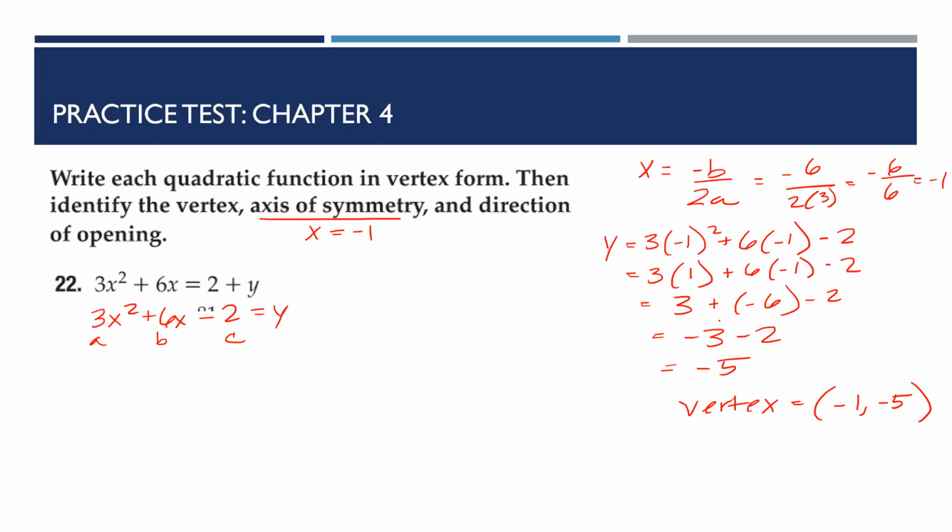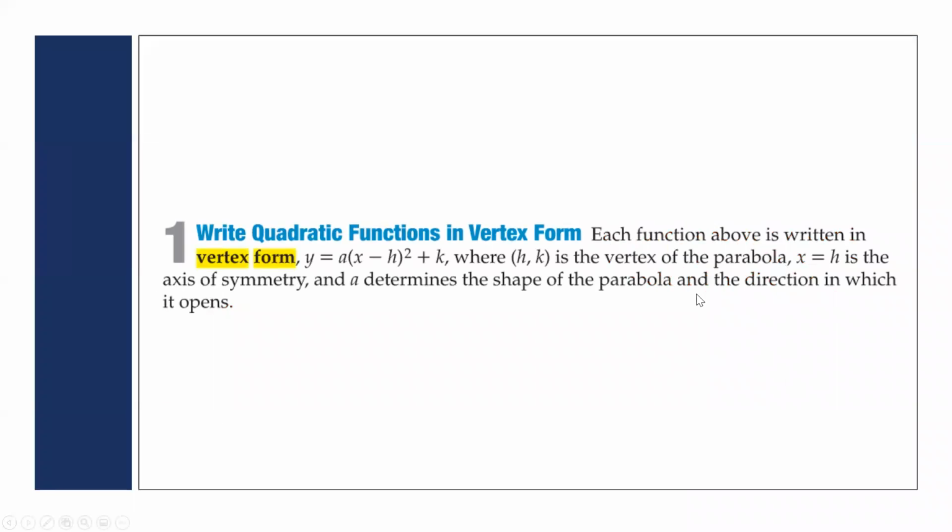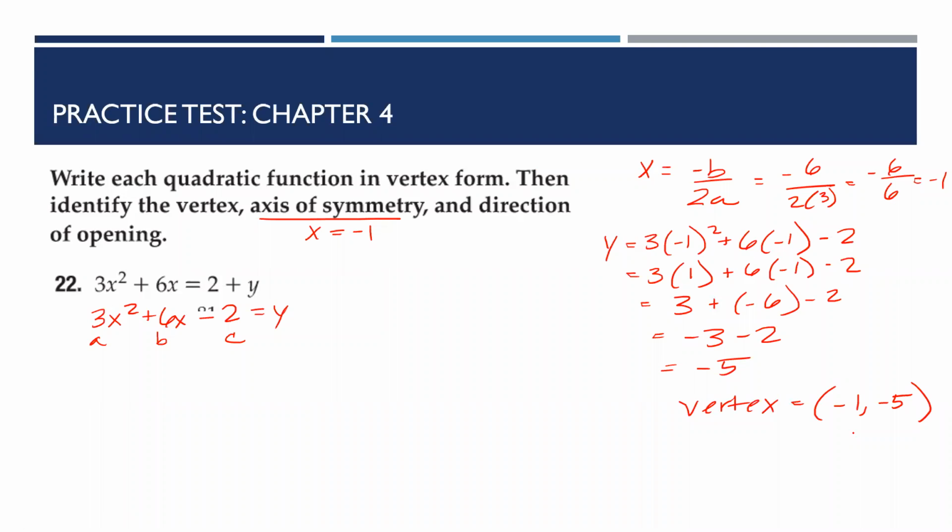Okay, and remember, going back to vertex form, h, k is the vertex. So this is h, and this is k. So when we put this in vertex form, remember the vertex form is y equals a times x minus h squared plus k.